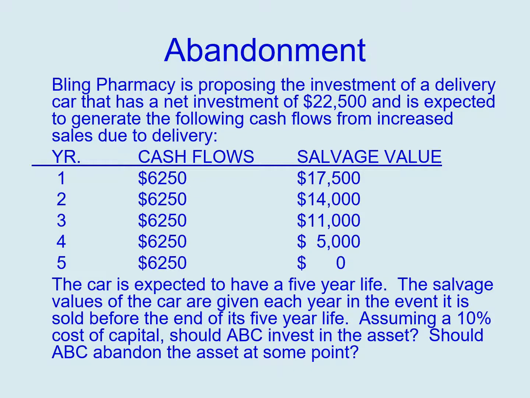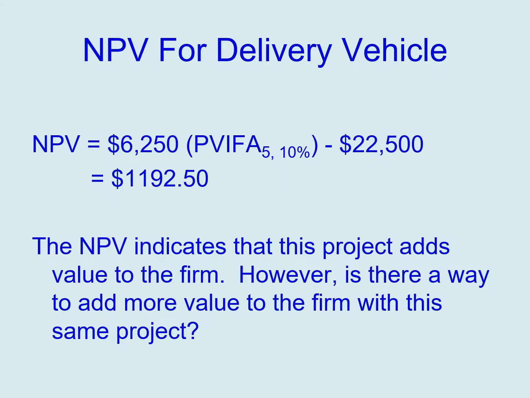The way we typically solve this problem is say, do we want to invest in this car for 5 years? And if we do, here's 5 years worth of cash flows. Here it costs us $22,500. What's the NPV? And if we go about it that way, I'm just using my annuity factor to discount here.